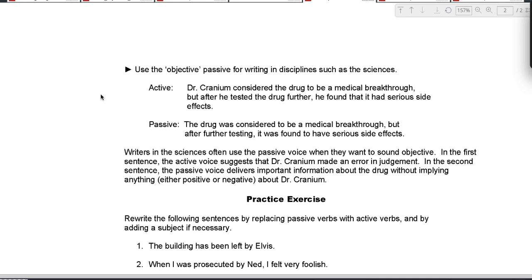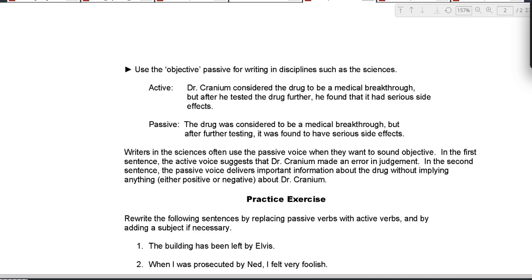In this case we will use passive. So the drug was considered to be a medical breakthrough, but after further testing, it was found to have serious side effects. So who did it? It's not important. It was an invention. So passive for writing in disciplines.